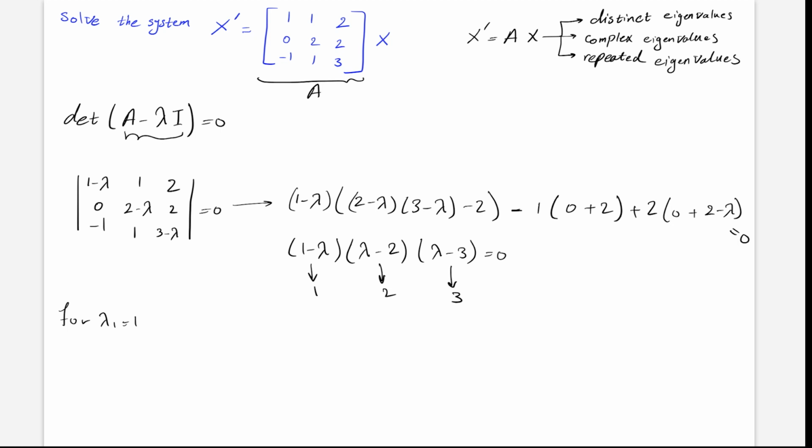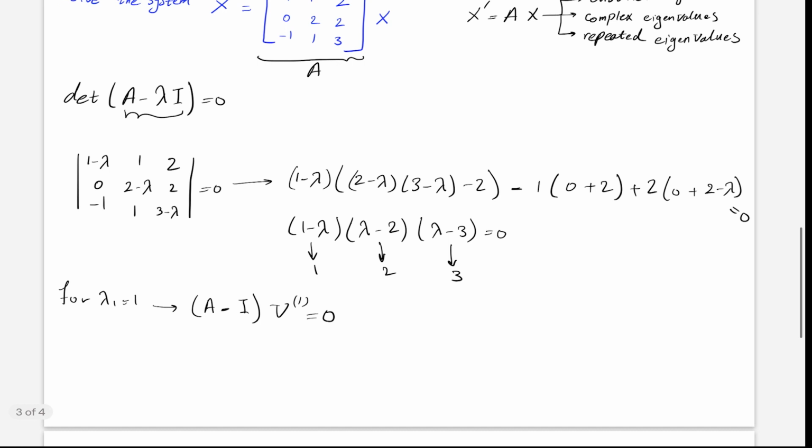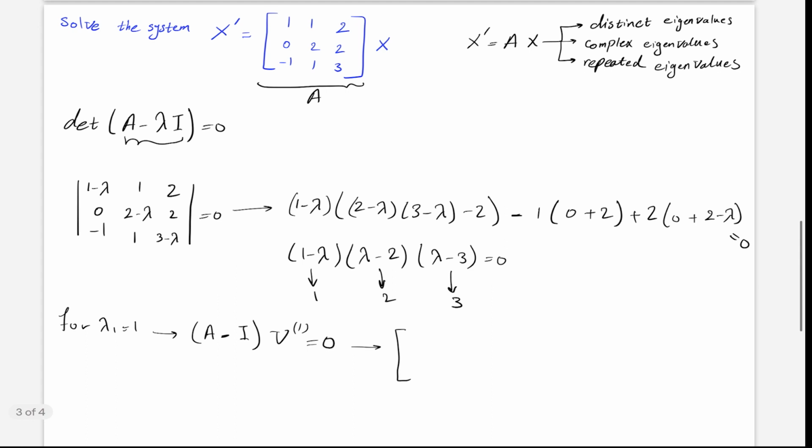For that, we need to solve the equation A minus lambda 1 I times the eigenvector equals 0.